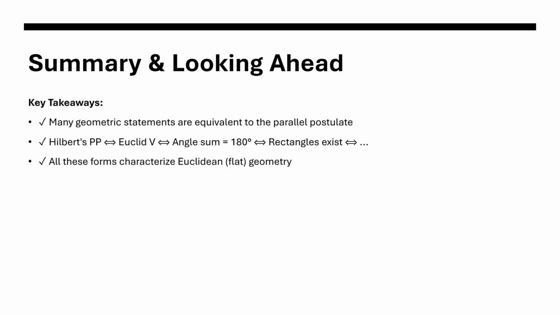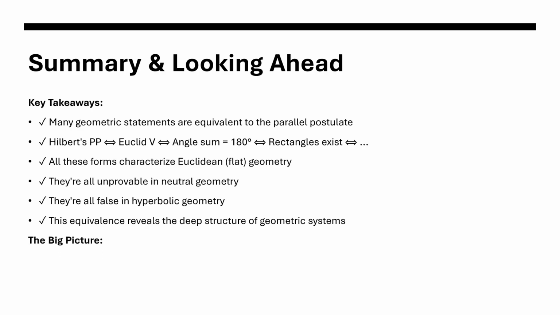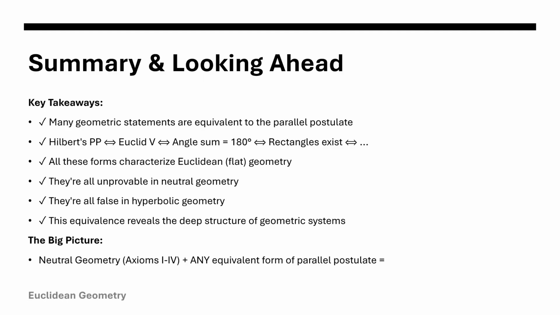All these forms characterize Euclidean or flat geometry, and they're all unprovable in neutral geometry. They're all false in hyperbolic geometry, and this equivalence reveals the deep structure of geometric systems. And what would be the big picture? Neutral geometry, axioms 1 to 4, plus any equivalent form of the parallel postulate, gives Euclidean geometry.